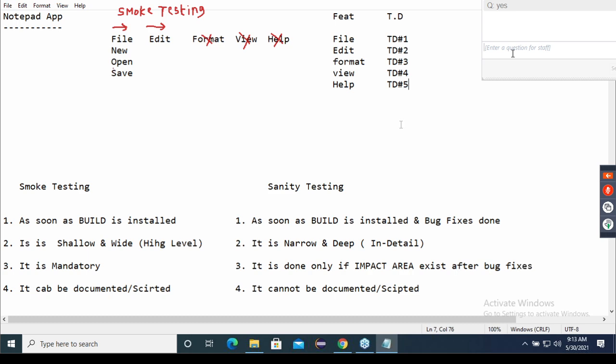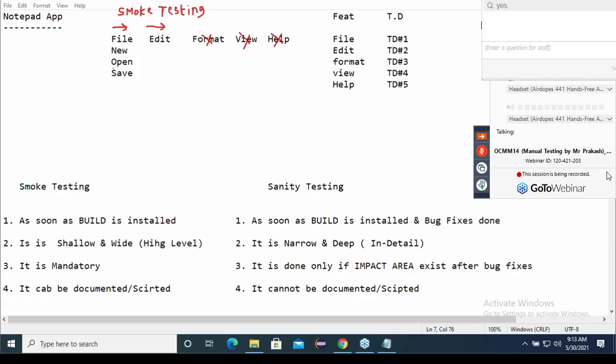All 5 documents are ready. Why can't he do smoke testing? He does not have knowledge. He doesn't know the requirement, or which module is a basic module and which module is critical. He doesn't know the basic and critical features.